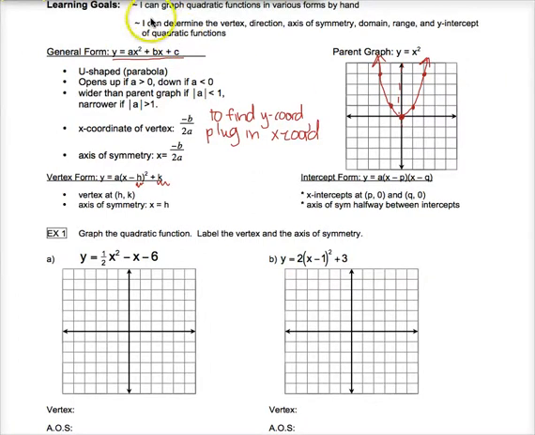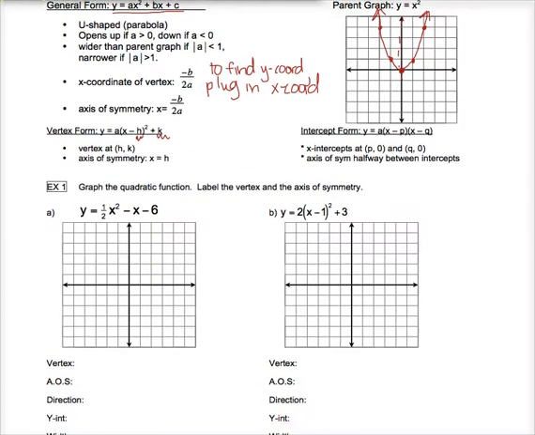You can see up here, we're going to graph them by hand today. We're not looking at our graphing calculator. And we can determine the vertex, direction, axis of symmetry, domain, range, and y-intercept of all of these quadratic functions.